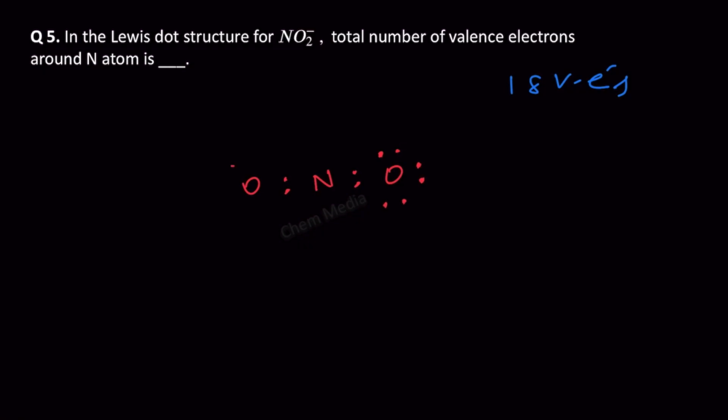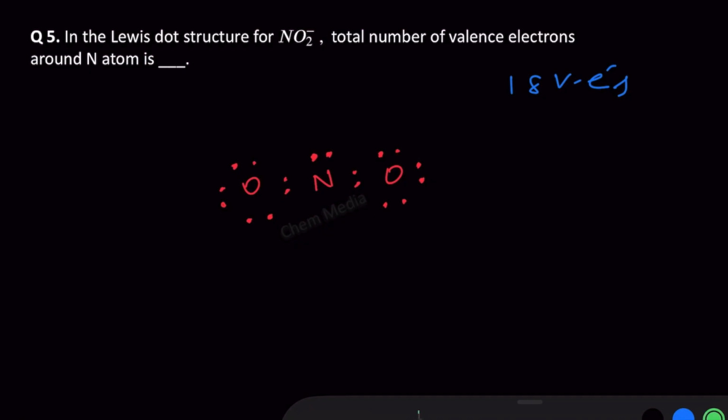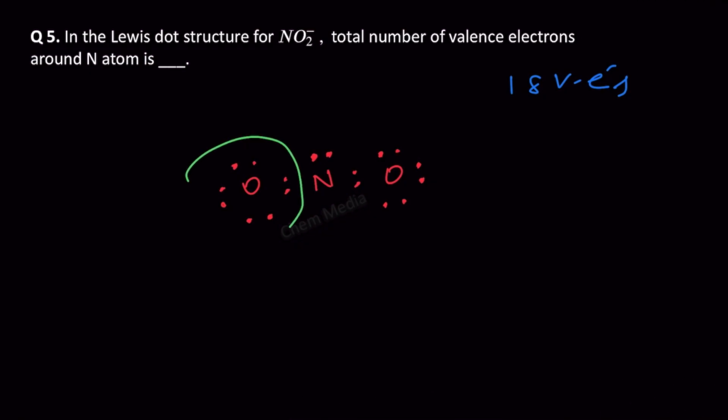If we do that, then we would be accounting for 16 valence electrons in total, but we still have 2 more valence electrons. Let us put that as a lone pair on top of nitrogen. If we do that, then the oxygen atom satisfies the octet configuration, but the nitrogen atom doesn't. Around nitrogen we have only 6 valence electrons.